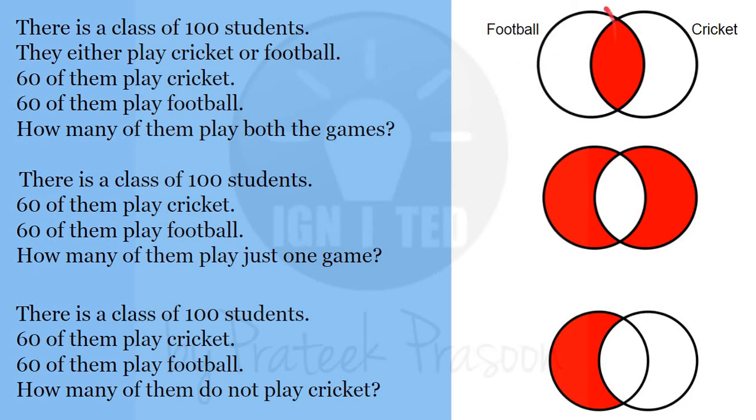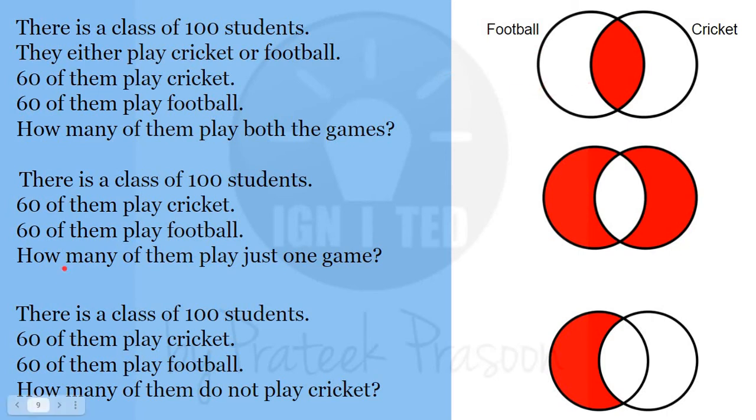So here we can say, if this represents football and this represents cricket, the middle part, which is counted twice, is 20, and that can be got by adding 60 plus 60, that is cricket plus football, which comes out to be 120, and minus 100. 120 minus 100 is 20.